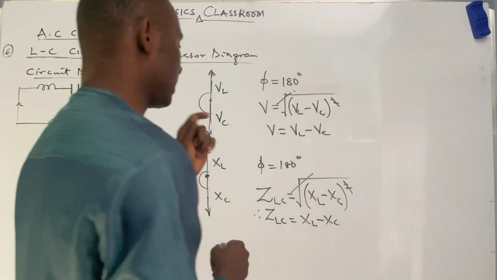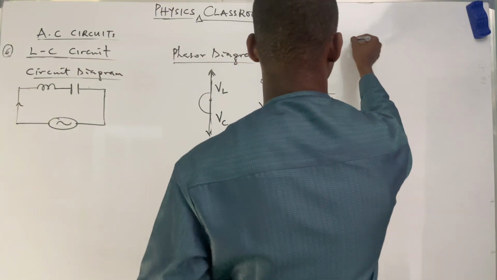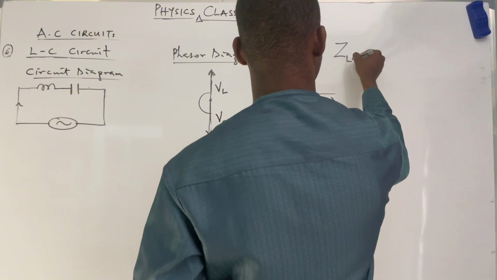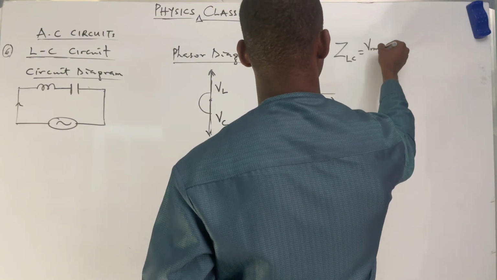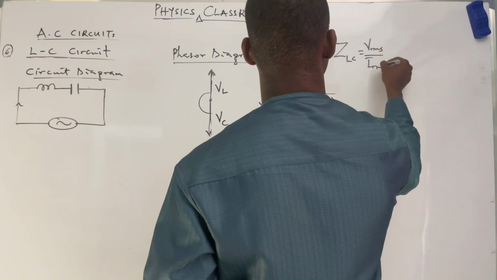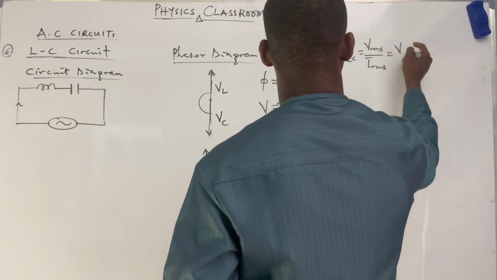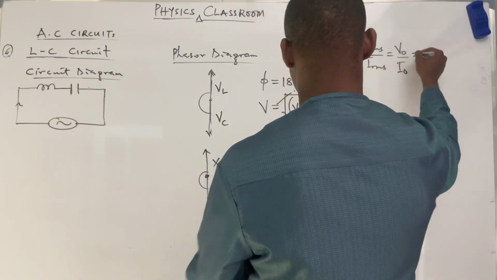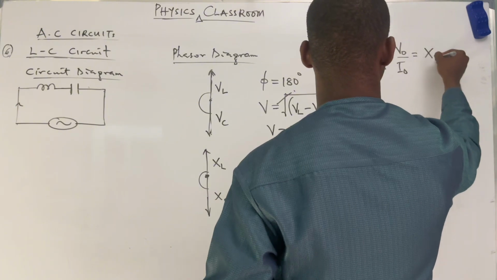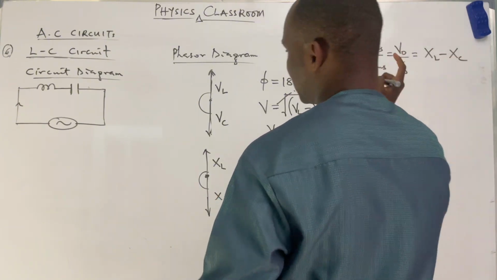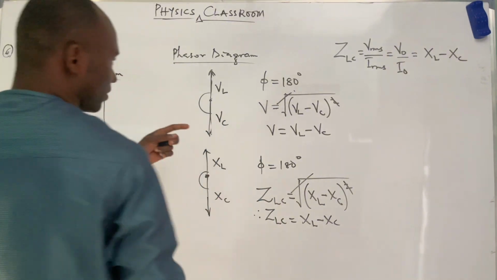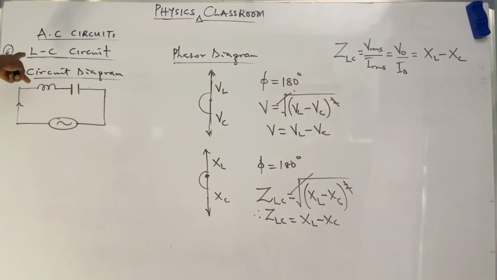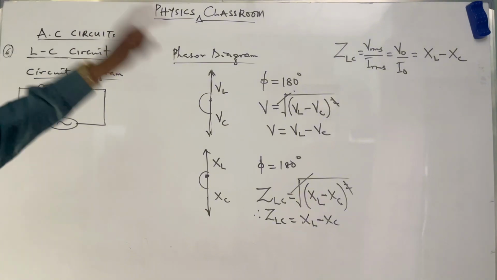It's very, very important. Now, don't forget that your ZLC is equal to VRMS all over IRMS as well, which is still equal to peak voltage over peak current, which is still equal to XL minus XC. Please take note. And the phase angle is 180 for the LC AC circuit.